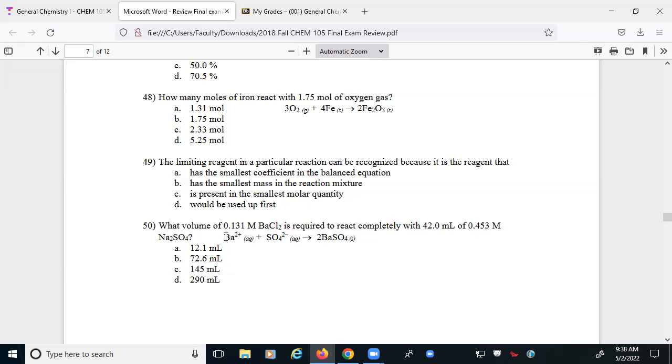But you will not believe how many times I get to people at the end of the exam and they've got a page and a half of calculations for a problem like this, because they've tried to convert it into Avogadro's number, they've tried to convert it to molar mass, they've tried to do a whole bunch of stuff, and none of the answers match up, or they get exactly where they were at the beginning.